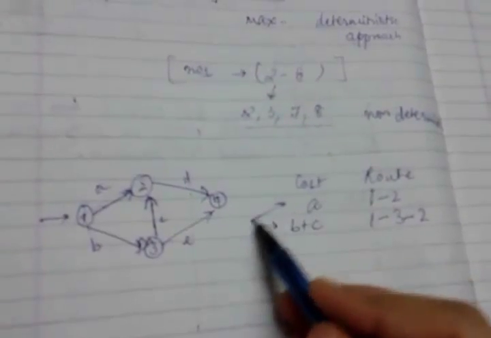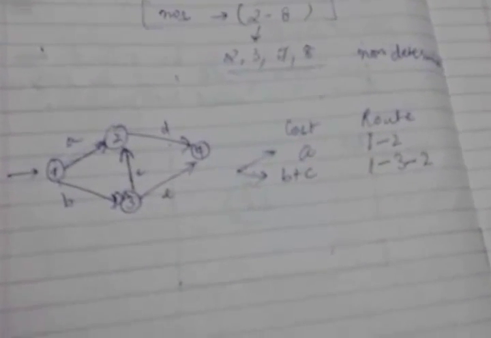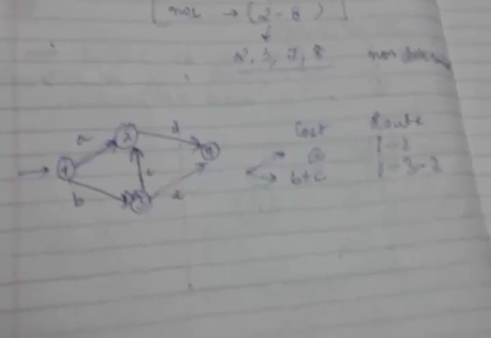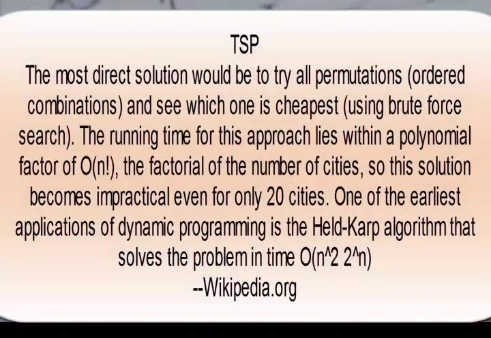That means we can try all the options and see which is the best, sort of like a brute force approach. But this kind of approach has a cost of order 2 power n; this kind of algorithm has a time complexity of 2 power n. So it becomes a non-deterministic approach.